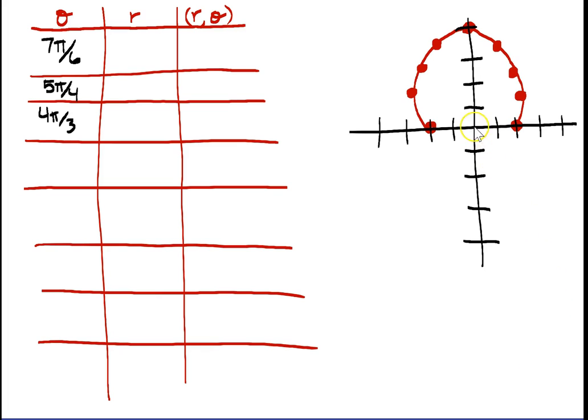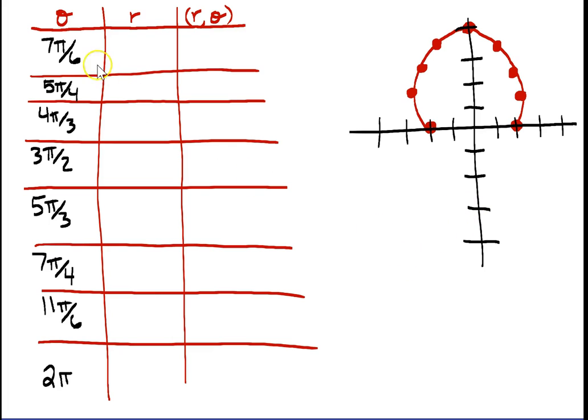That gets me down here. Now I'm looking at this value here, that's 3 pi over 2. Moving off of that gets me 5 pi over 3, 7 pi over 4, and eventually, right before I hit a full revolution, 11 pi over 6. If you want to, you can fill in the 2 pi as well. That'd be fine. So here's what we'll do: we're going to calculate these, and then we're going to make a full graph of them.